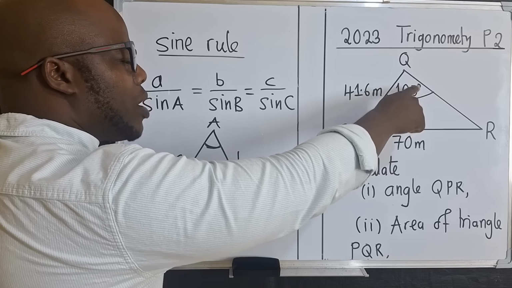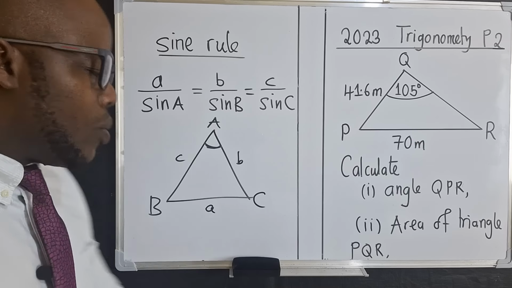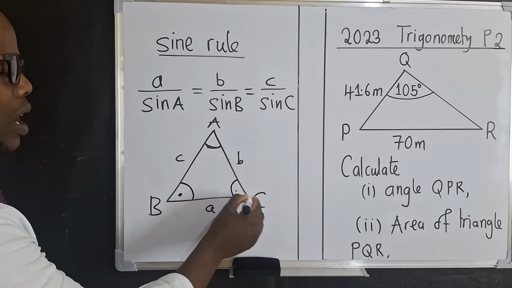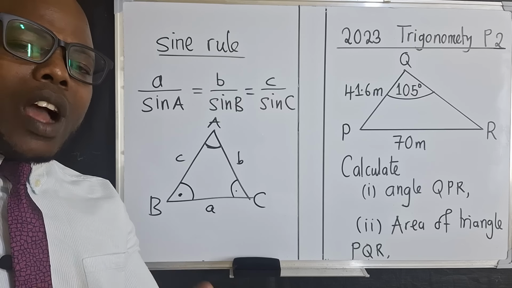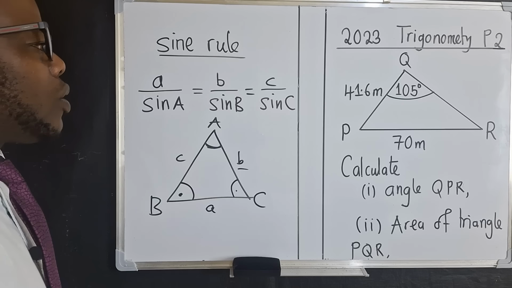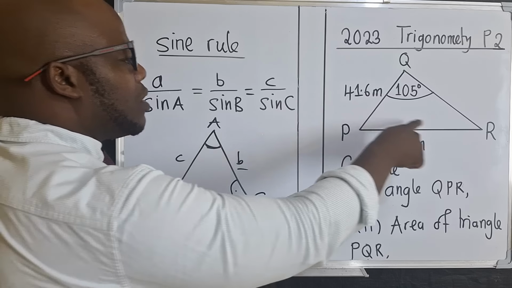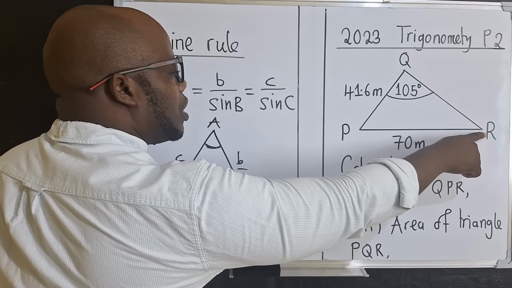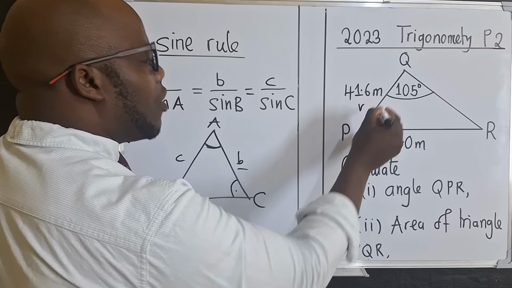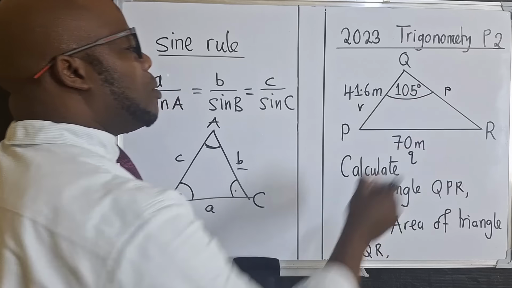It's 105 degrees, and it's being represented using capital letter Q. So here also it's an angle, here it's an angle. Capital letters represent angles. Small letters, this one, it's a side. So you can see this side, 41.6 meters, is opposite to capital letter R. So this is small letter r, while this one is small letter q. This one is small letter p.